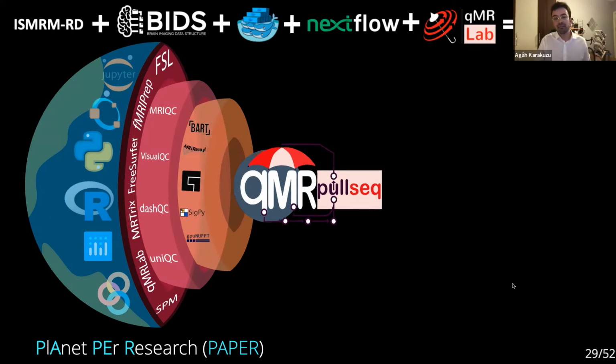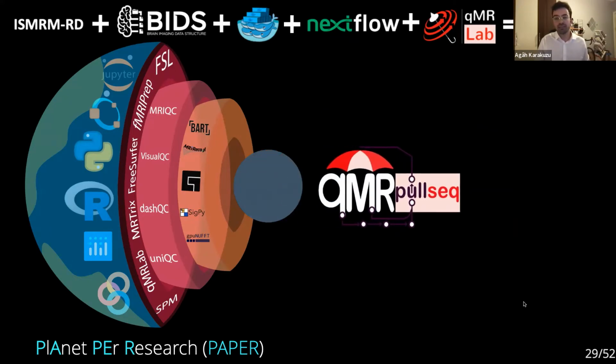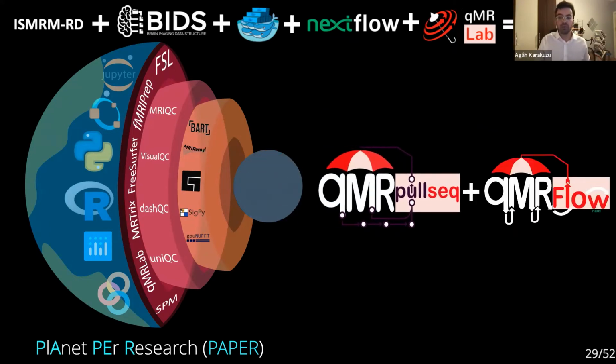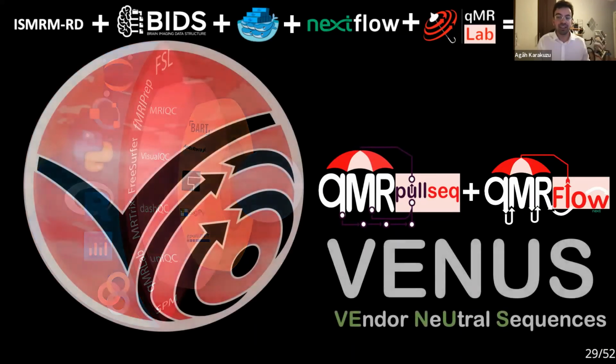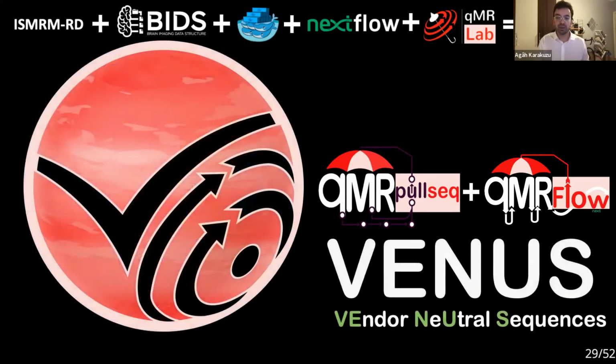And then when we combine qMR PulseSeq with qMR Flow, we go from papers to a planet where quantitative MRI is standardized, and that planet is Venus, which stands for vendor neutral sequences, which is the final chapter of my PhD thesis.